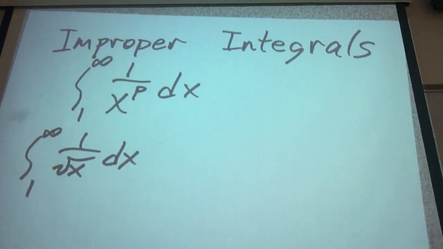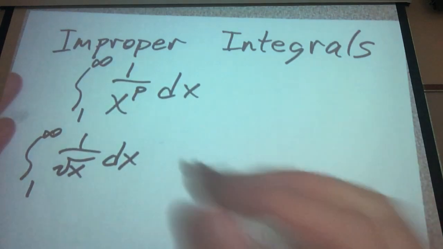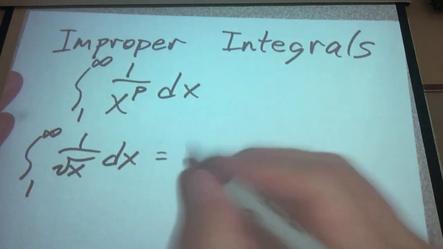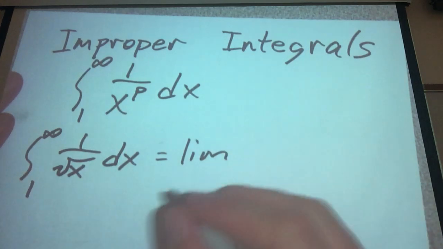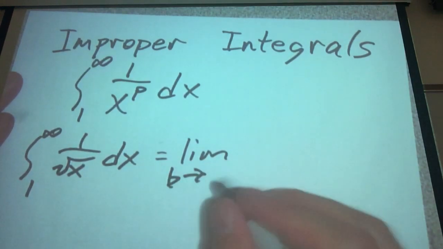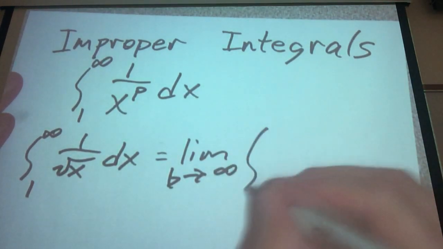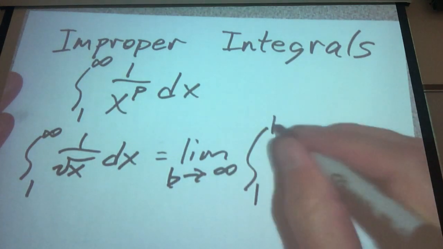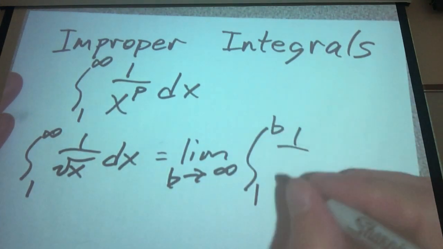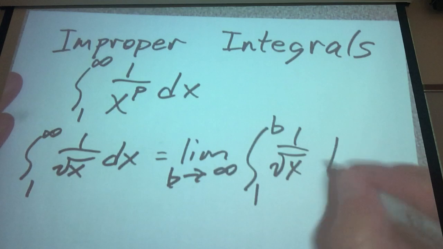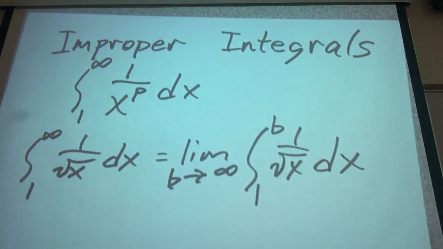So this is going to equal the limit now as b approaches infinity of the integral from 1 to b of 1 divided by the square root of x, and we are going to integrate with respect to x. Okay? And now that you've got that limit on there, that limit needs to maintain throughout the entire problem.